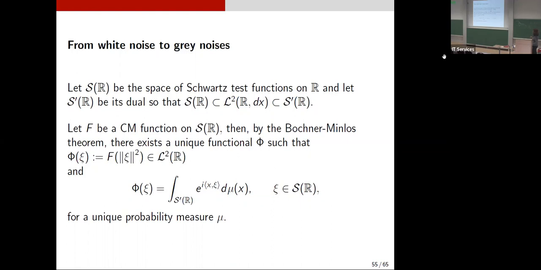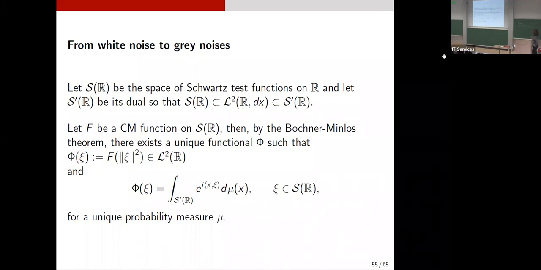In this case, we can consider the space of the Schwartz test functions and its dual S'. And then we can give a more general definition of the Brownian motion and, for example, of the fractional Brownian motion by means of this characteristic functional here.